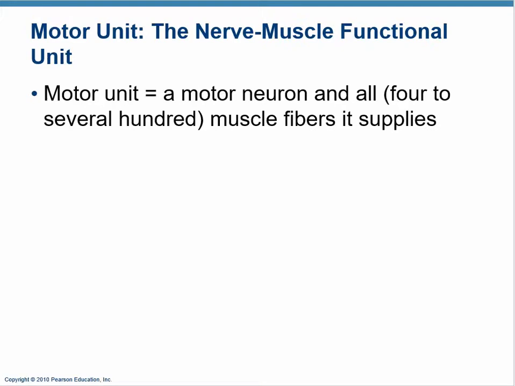So I've already talked about motor units. A motor unit is a motor neuron and all the fibers supplied by that. That's an important definition. A motor unit can be quite small, 3 or 4 or 5 fibers, or it could be very large, where it's hundreds and hundreds of fibers.